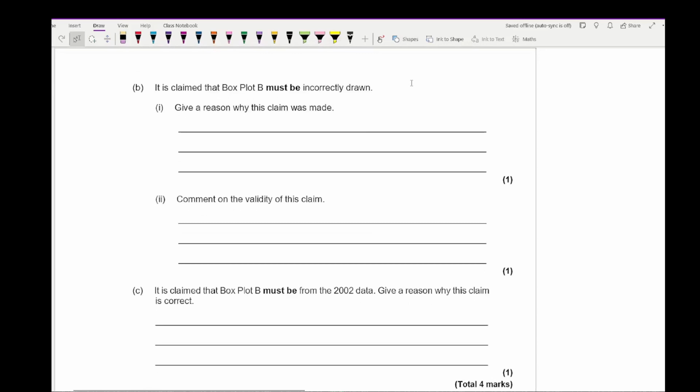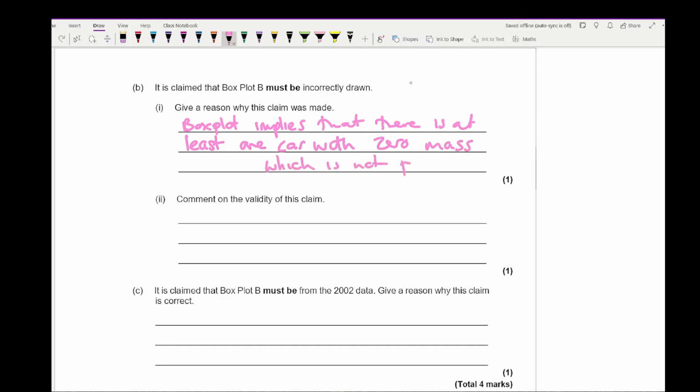Then moving on to B, it says that it is claimed that box plot B must be incorrectly drawn. Give a reason why this claim was made. And again, something along the lines of the fact that box plot B implies that there is at least one car with zero mass, which is not possible.